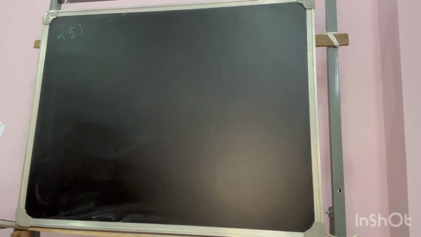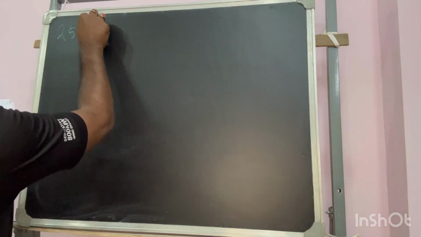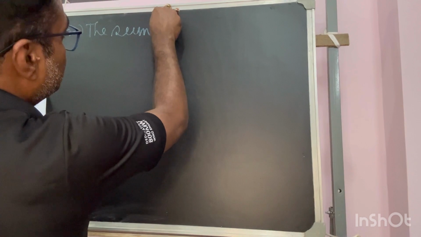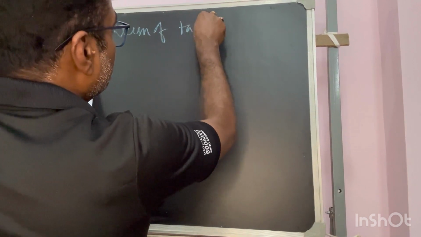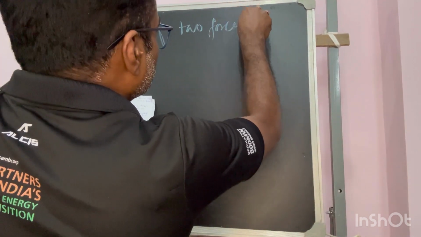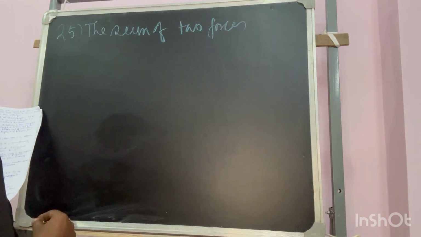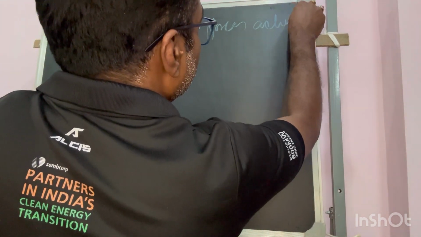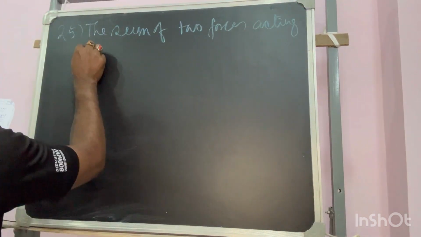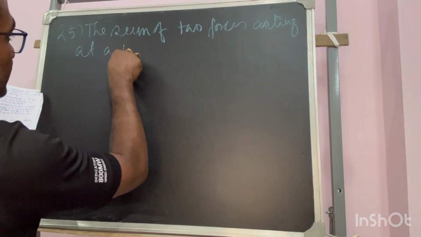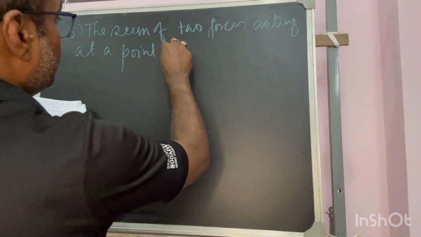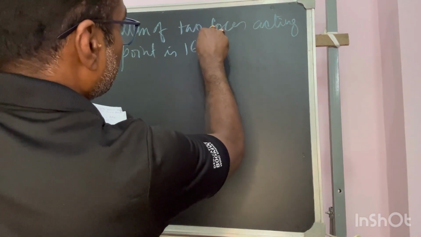The 25th problem says: the sum of two forces acting at a point is 16 Newton.